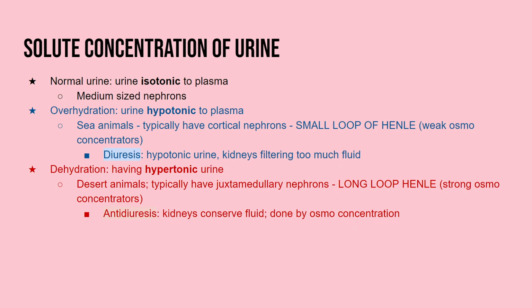So desert animals tend to have a lot of these juxtamedullary nephrons, which have a long loop of Henle, which allows more water to be drawn out of the urine and reabsorbed into the blood. For example, desert animals may have a lot of these juxtamedullary nephrons, but when you're in the dehydrated state, you're also going to want to absorb as much water back from the filtrate as you can. So that's why humans tend to be lumped into that category, because we tend to be dehydrated.